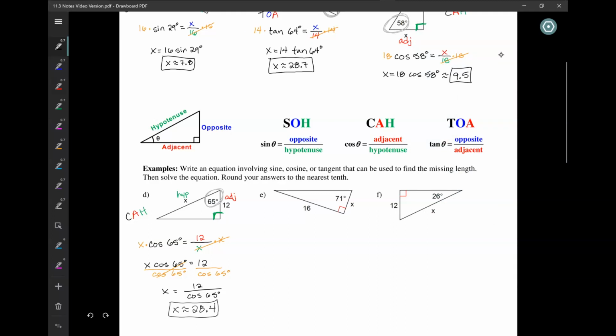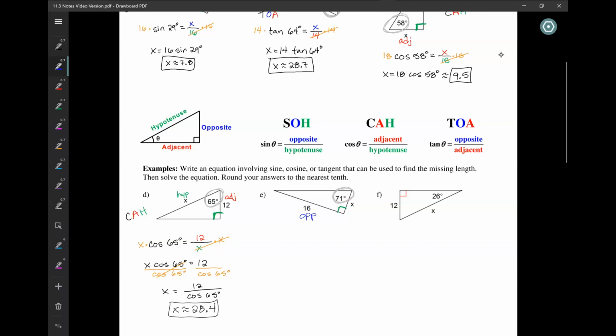So let's try another one of these. So here's the angle I'm focused on. Across from the right angle is the hypotenuse. That side isn't labeled, so hypotenuse isn't involved here. 71 degrees across from that, opposite, is 16.